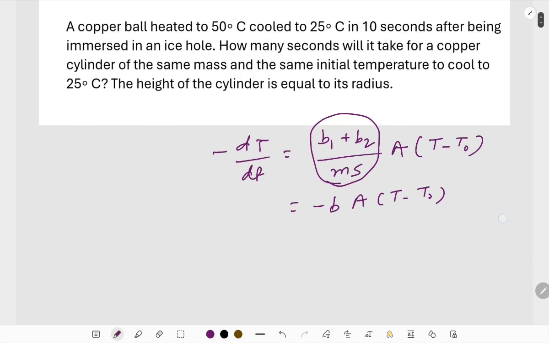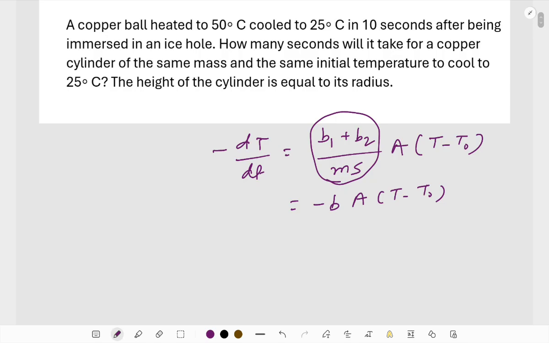But as far as our problem is concerned, we have everything the same, MS the same, only the surface areas of the bodies are different in the two cases, and that is described in the problem. That means in our case we can simply write that our rate of cooling is directly proportional to the surface area of the body.